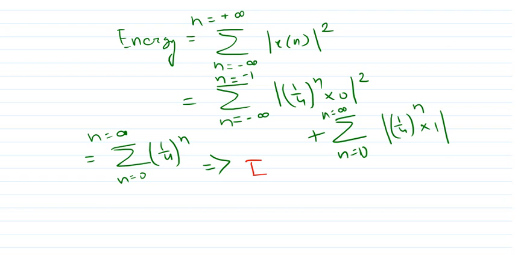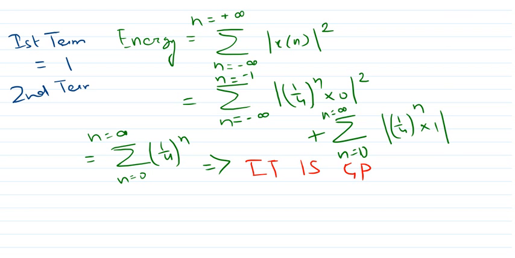So what is the first term? The first term is basically 1. The second term is 1 by 4, and the common ratio is 1 by 4 only. So what is the solution of this series?